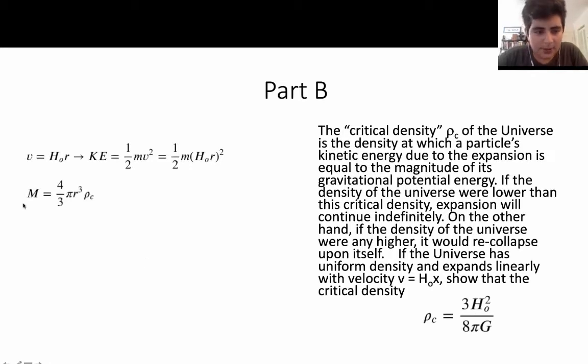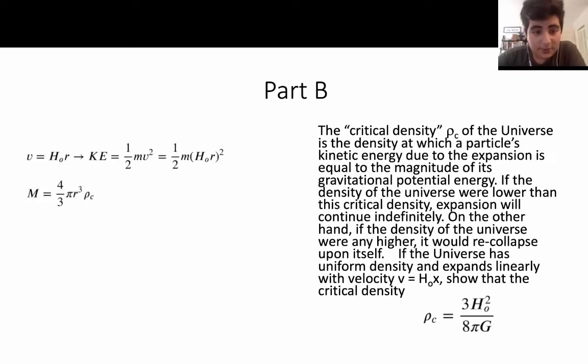In other words, mass is equal to 4/3 pi r cubed times the critical density, rho sub c. And you might ask, well, why is the volume 4/3 pi r cubed? The universe is going to be expanding like a sphere in all directions, so you're going to have to use the volume of a sphere and then multiply it, of course, by the critical density. So now we have an equation for mass in terms of the variables we need.